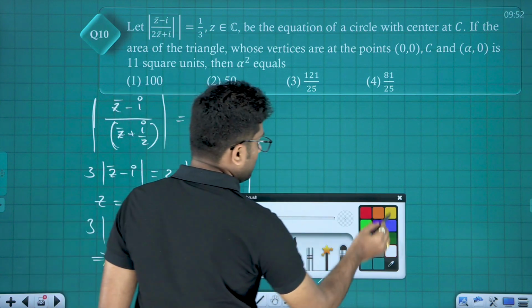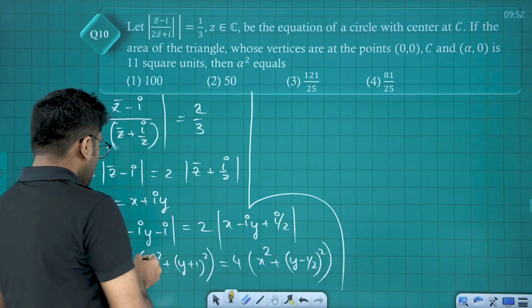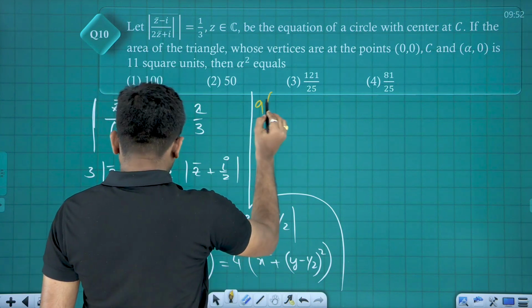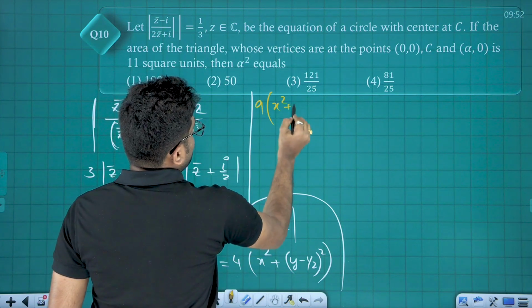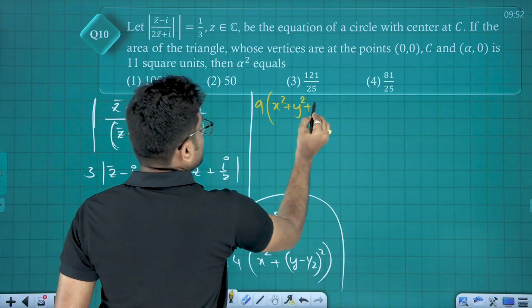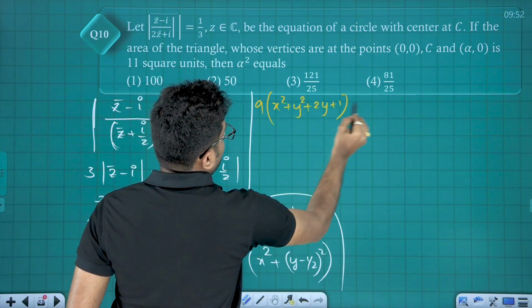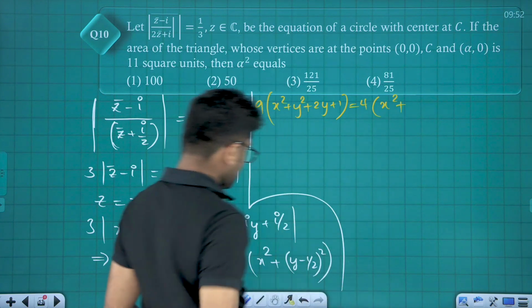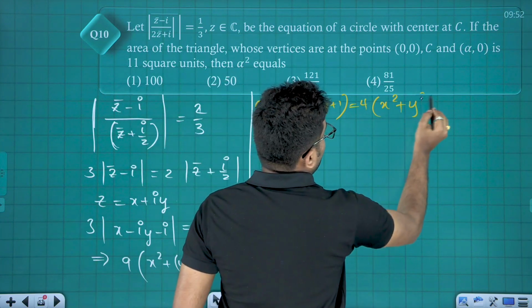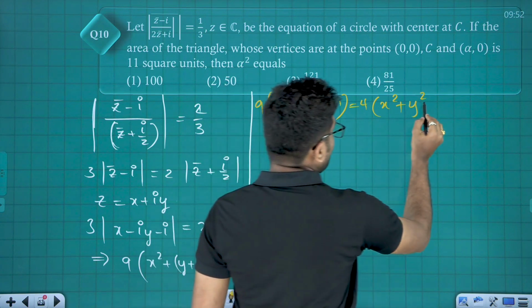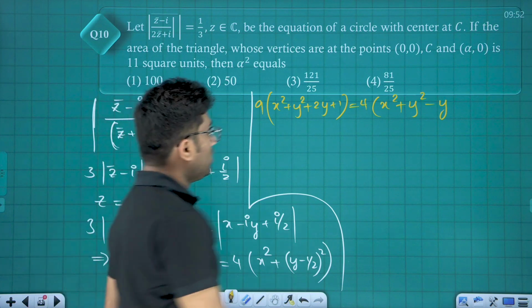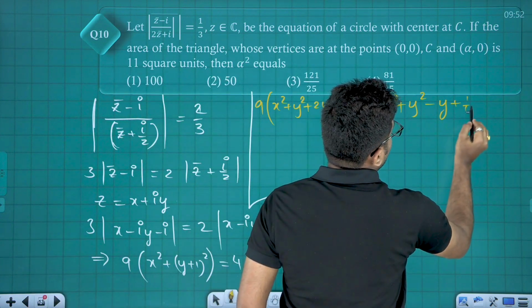If we simplify this, we'll be getting one circle. 9x square, 4x square, first we'll simplify. 9 times of x square plus y square plus 2y plus 1 is equal to 4 times of x square plus y minus 1 by 2 whole square, which is y square minus 2 into y into 1 by 2, which is minus y, plus 1 by 4.